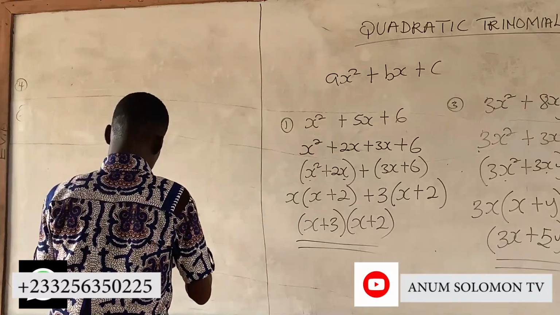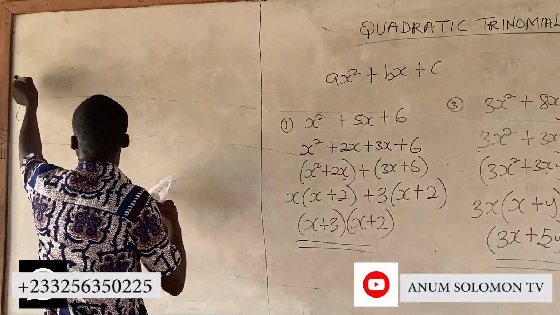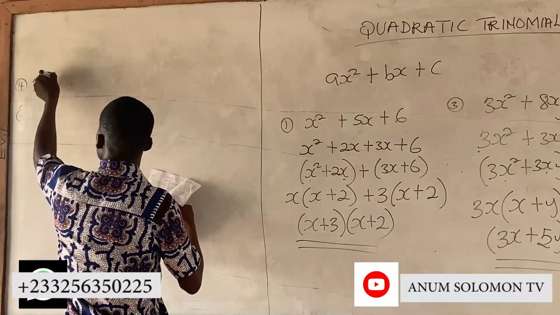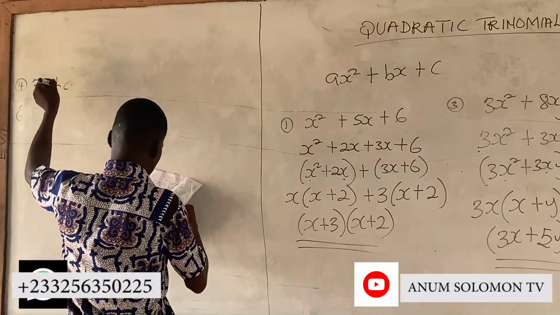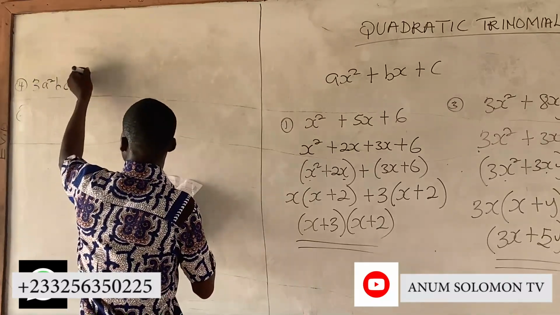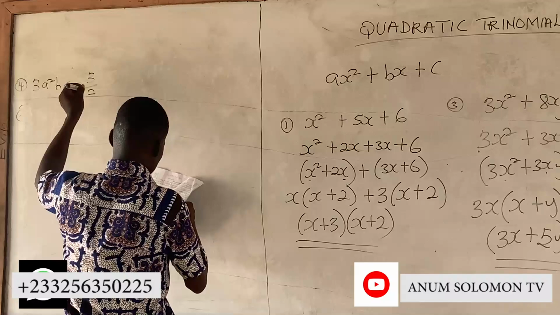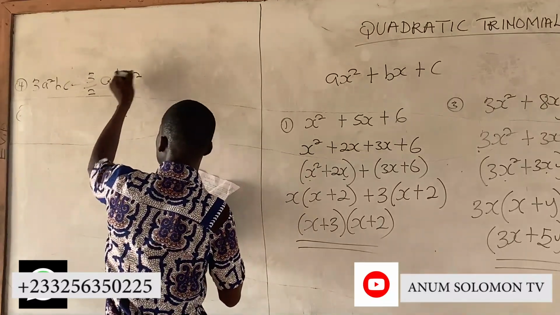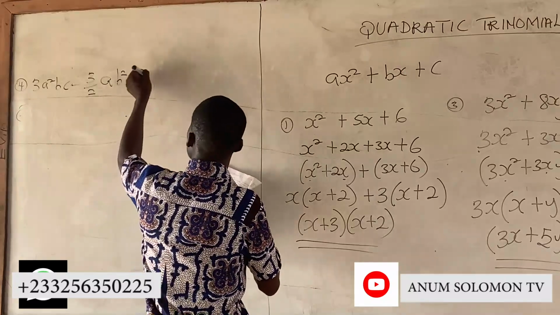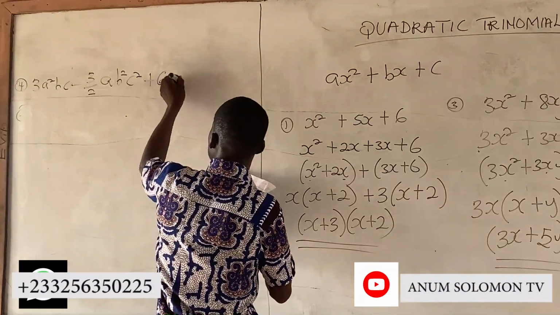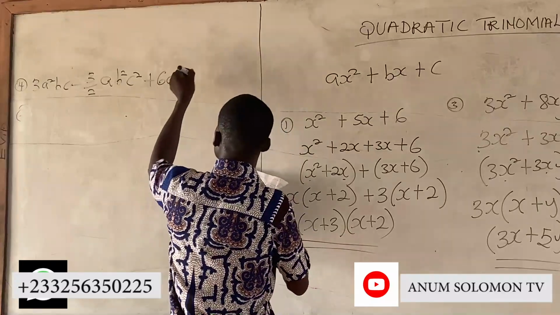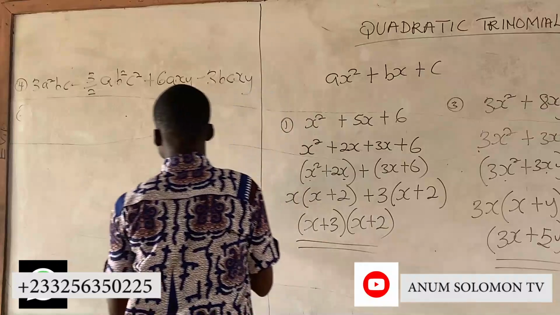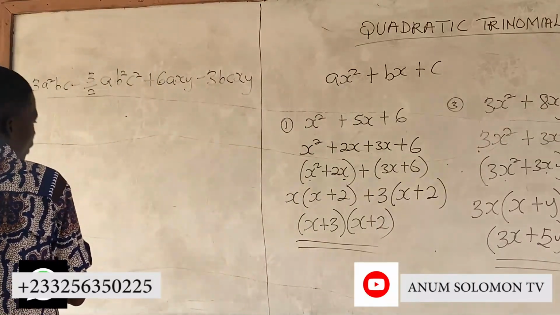We have to factorize 3a squared bc minus 3 over 2 ab squared c squared plus 6axy minus 3bcxy. So now we have to factorize this problem.